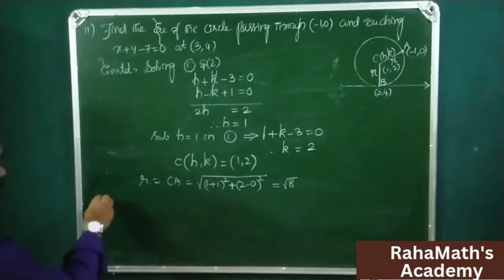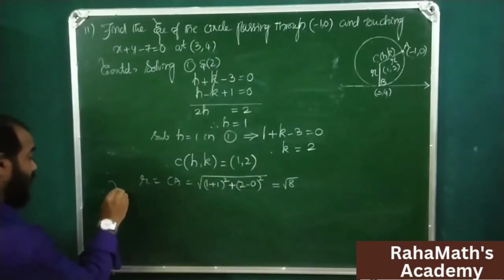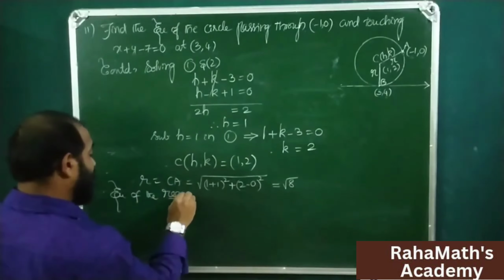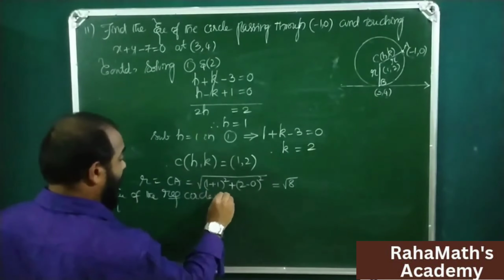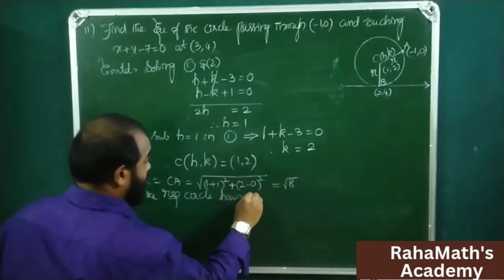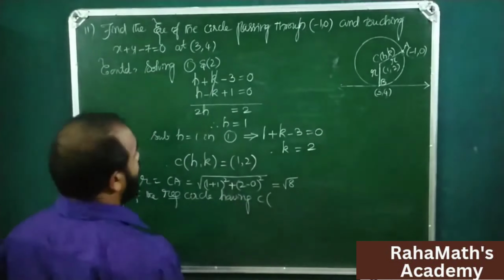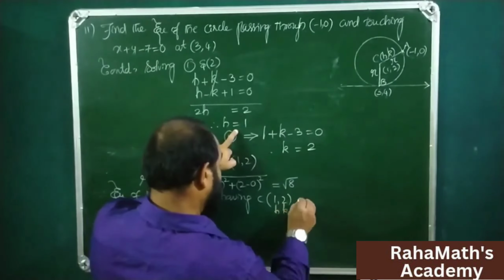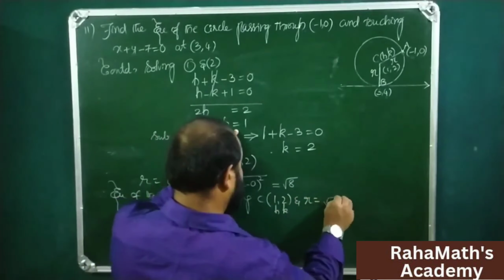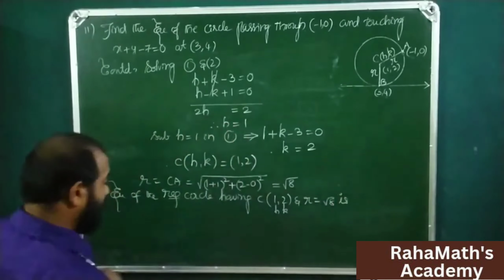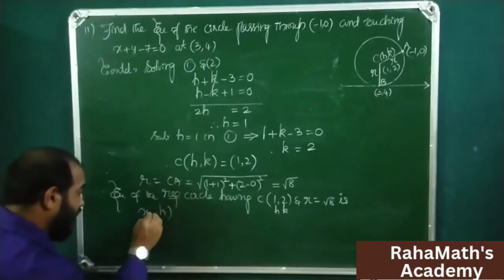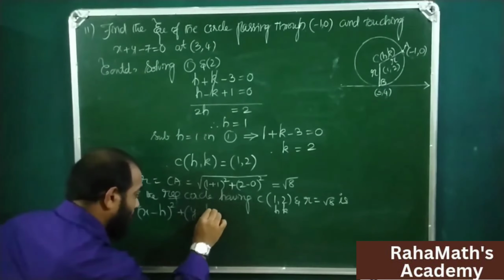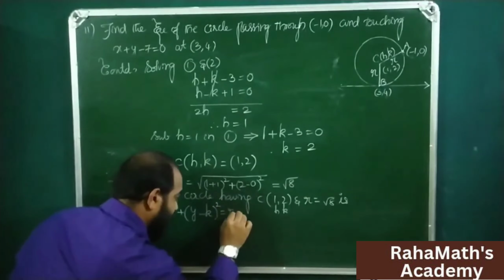So therefore, the equation of the required circle having center C 1 comma 2, this is h comma k, and radius r equals root 8 is (x minus h) whole square plus (y minus k) whole square equals r square.